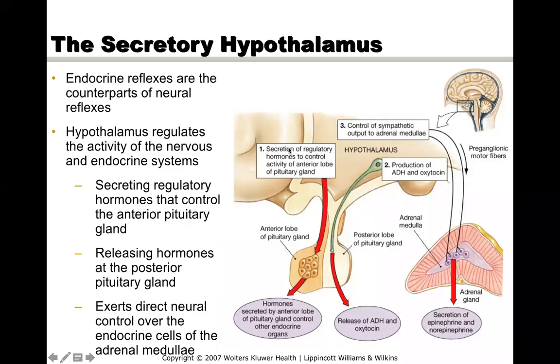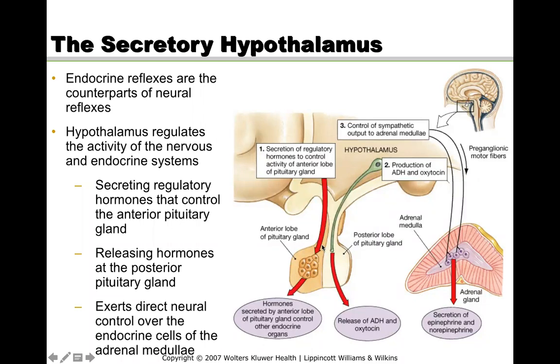So there are regulatory hormones. As you can see, these regulatory hormones are released from the hypothalamus, which in turn pass through with the blood. How? The blood supply or the blood transport from the hypothalamus to the pituitary is unique, which we will learn. It passes from here and goes into the anterior pituitary.